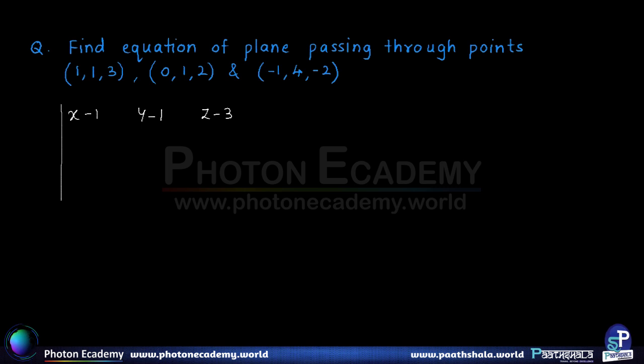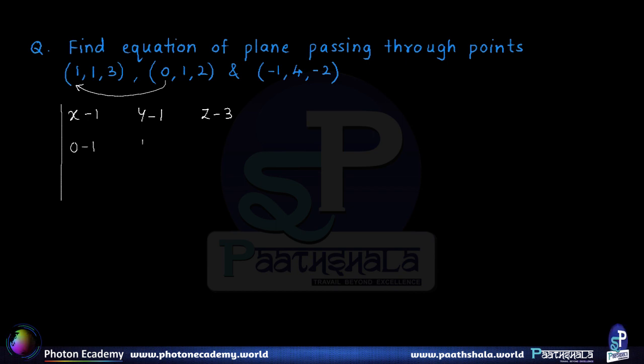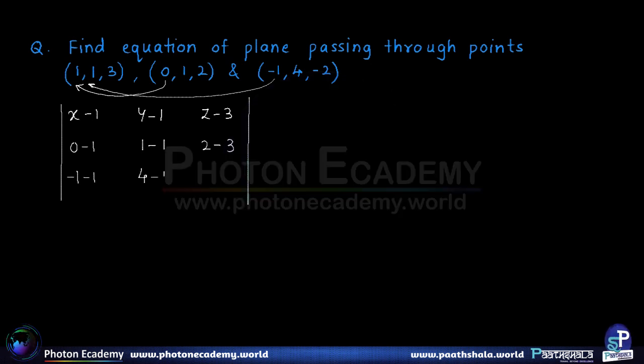Then in the second row we have x2 minus x1, so that is 0 minus 1, then y2 minus y1 and then z2 minus z1. And lastly we have x3 minus x1, so that is minus 1, minus 1, 4 minus 1 and minus 2 minus 3. This whole thing is equal to 0.